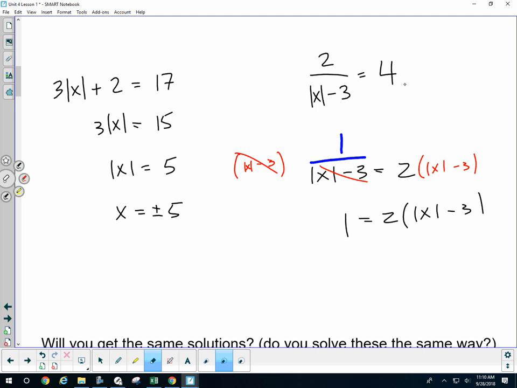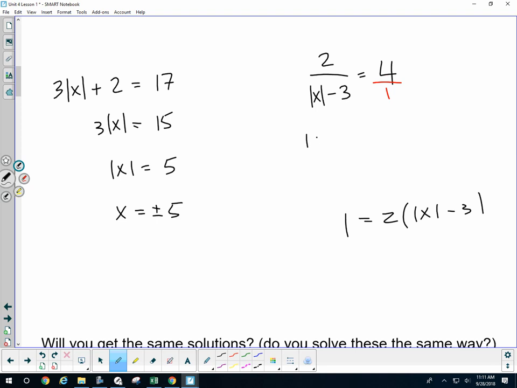It is totally legal in solving equations that if I have two fractions, and we can always have two fractions, if you flip both sides, it's like taking 1 divided by both sides. As long as we do the same thing to both sides, we're going to be fine. So I could have flipped both sides from the beginning and then had that absolute value of x minus 3 in the numerator equal to 1/4.